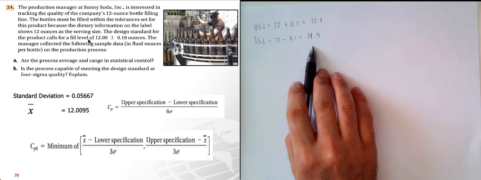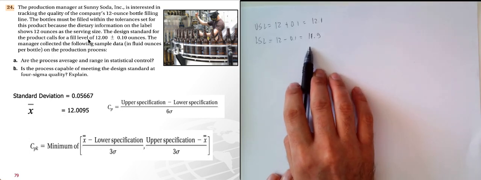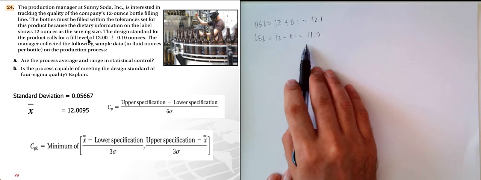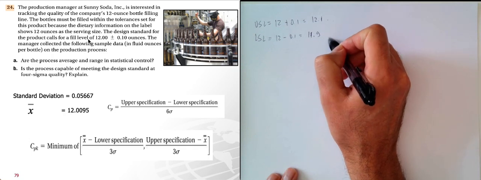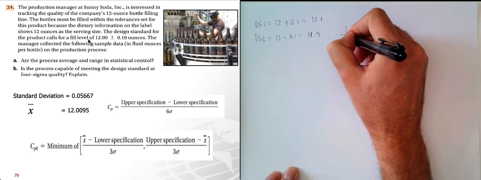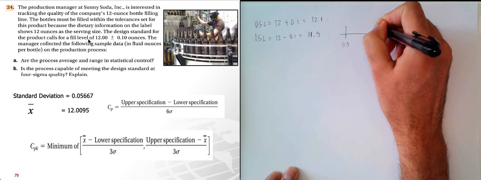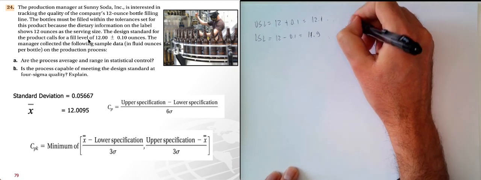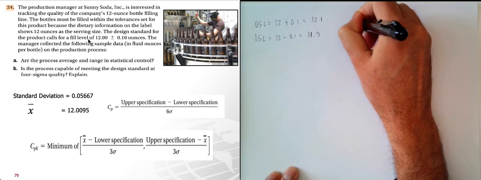The control limits are the ones that we need to calculate based on the variation to see if it is under control or not, if there is special cause variation occurring or not. These are specification limits. So the customer is saying, okay, from 11.9 to 12.1, I'm going to accept. So I'm going to accept this area here.